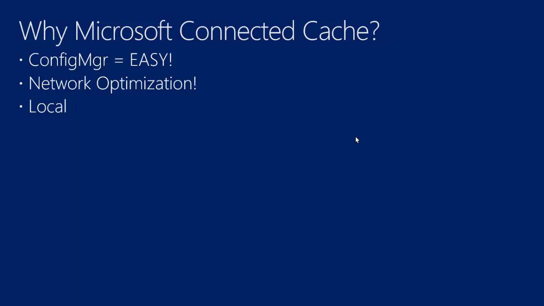Here, the Microsoft Connected Cache kind of plugs in alongside all of that, and it is implemented in the Config Manager world as a part of the distribution point, through a distribution point configuration. You'll see that in a minute. And it can also be triggered to download that content and store it locally.